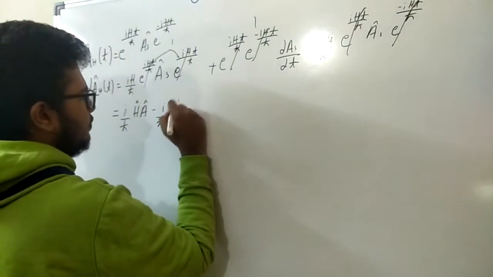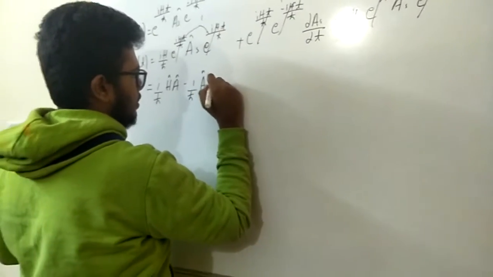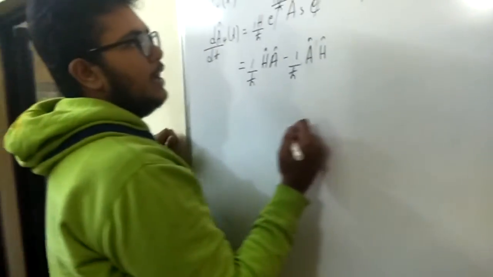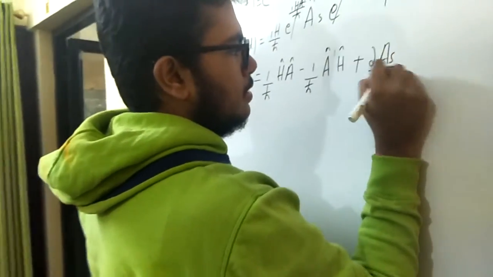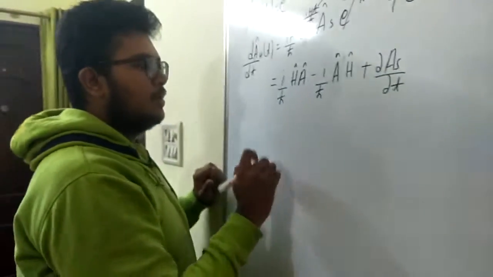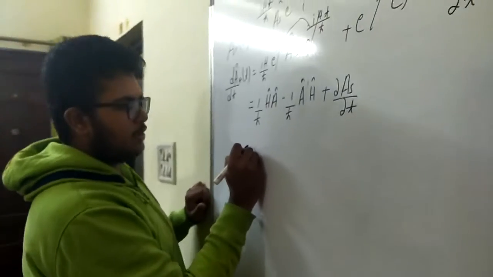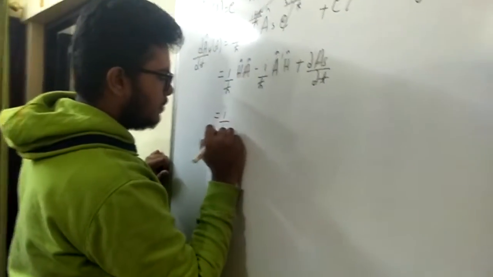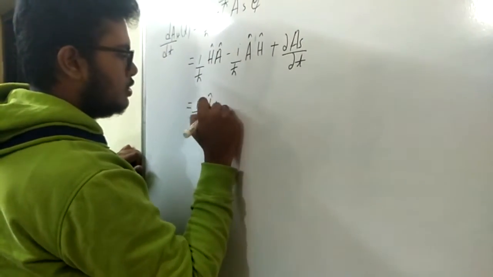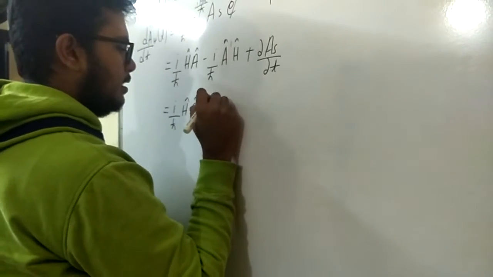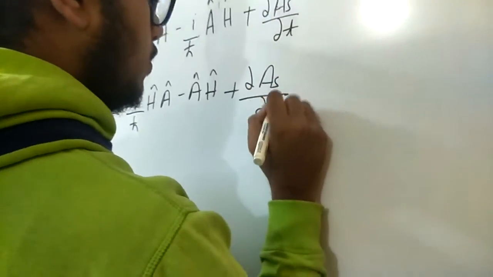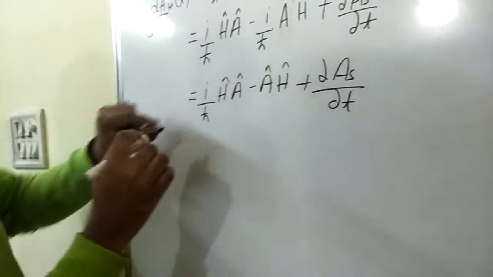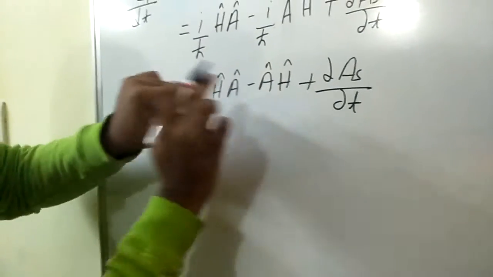Now here you would have A H, and finally we would have dA_S/dt. Now we can take the i over h bar common out here, so we would have i over h bar, H A minus A H, plus dA_S/dt.